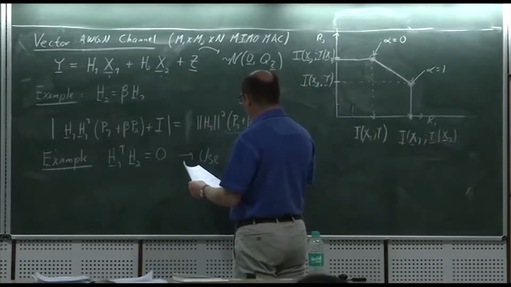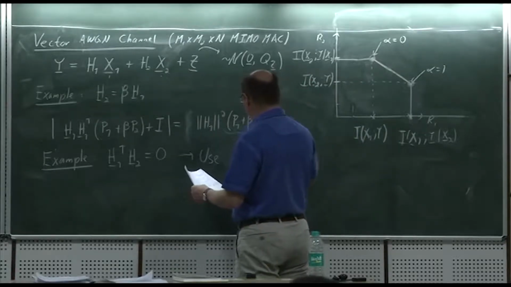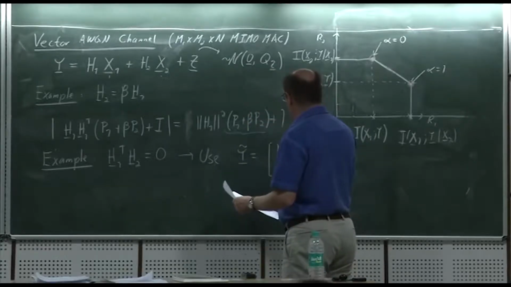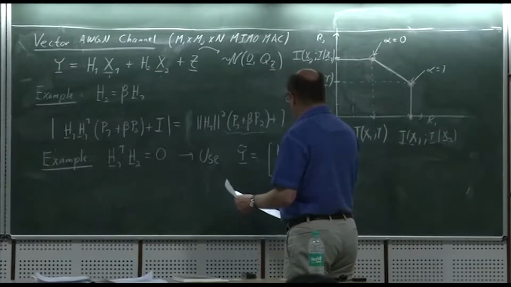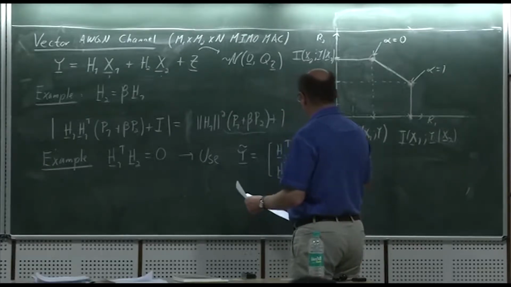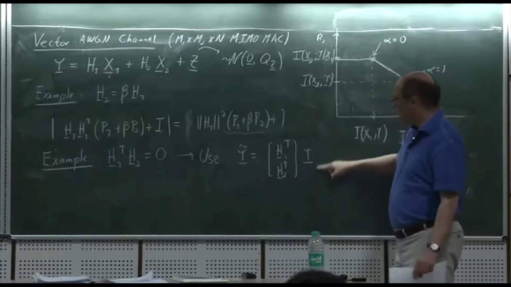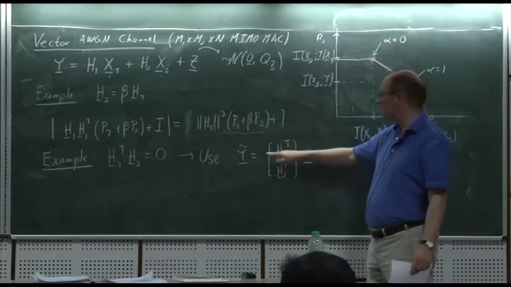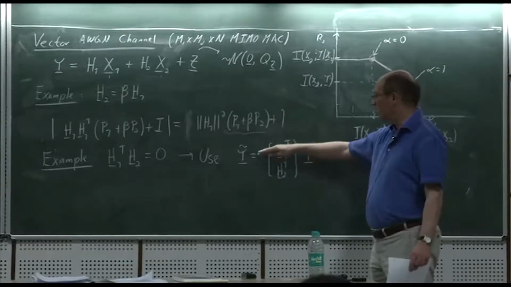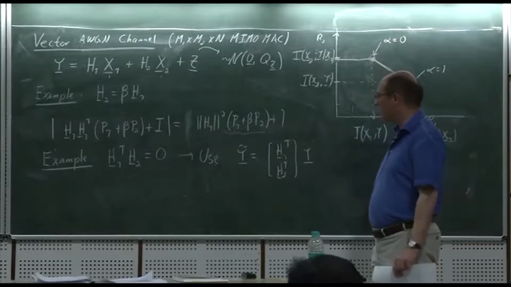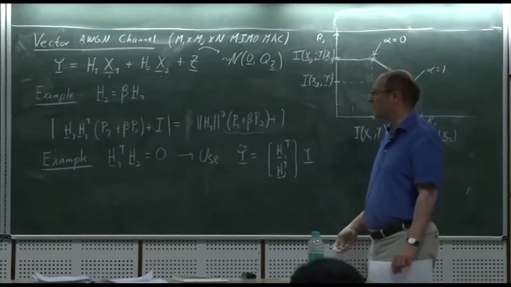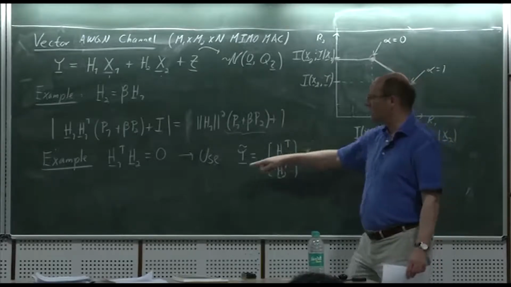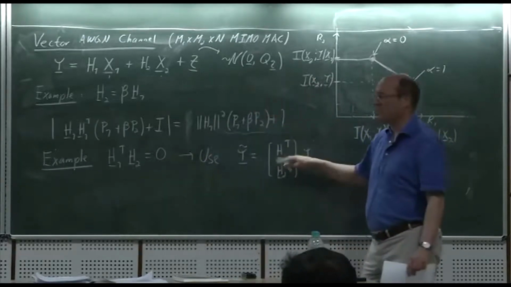So what we'll do is we'll convert Y to Y tilde by using H1 transpose and H2 transpose times Y, right? So this is a length 2 vector. So this is a 2 by 2 matrix, right? 2 by 2 matrix with H1 transpose in this row, and H2 transpose in this row. And since it's invertible, right, if we assume that none of them has 0 power, then this matrix is invertible.